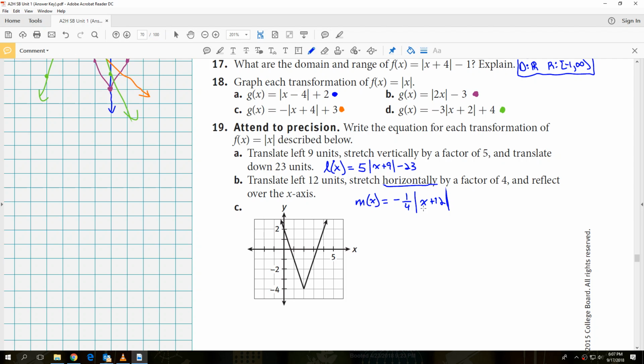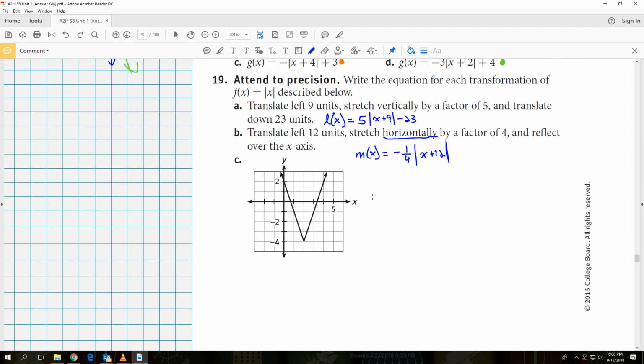There is actually another way to write this if you distribute that 1/4 inside of here, but then that's going to change things up on the inside, which I would not recommend doing, and that is why I prefer to think of these things in vertical terms. When I say horizontally stretched by a factor of 4, that means vertically stretched, okay, by the opposite of that, which would be 1/4, okay?